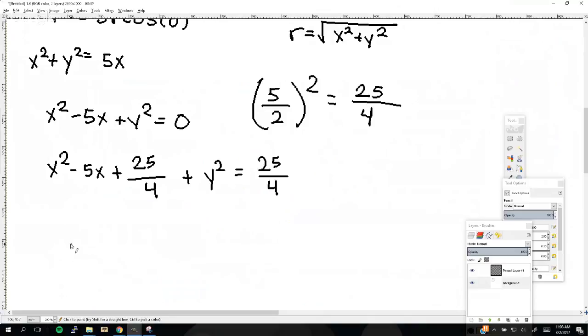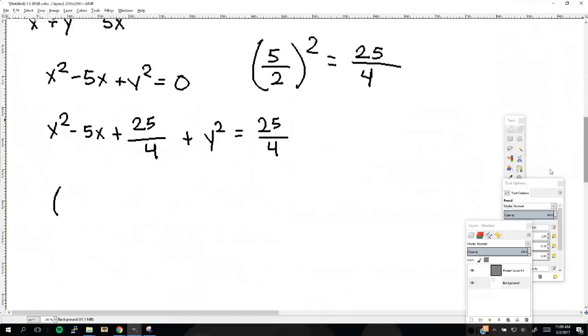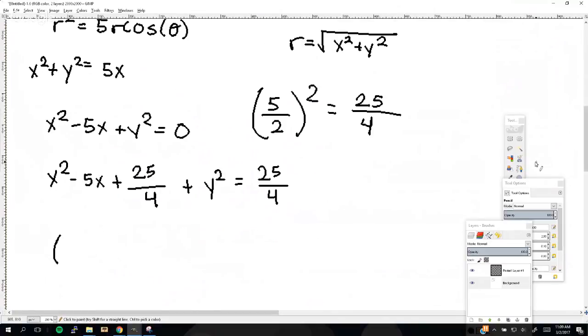I'm at this point where it's x squared minus 5x plus 25 over 4 plus y squared equals 25 over 4. In my equation, I only have 125 over 4. Oh, really? Yeah. Oh, huh.